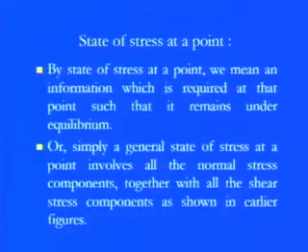A general state of stress at a point involves all normal stress components together with all the shear stress components, as shown in the previous figure. So for a general state of stress for any point or any object, the 9 components are there, involving 3 normal stress components and 6 shear stress components.